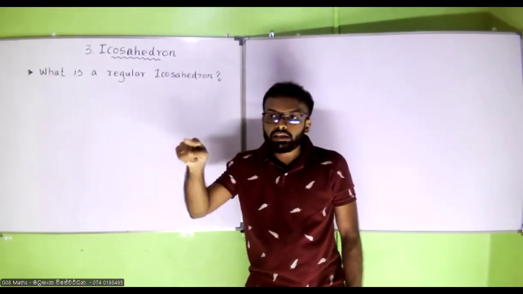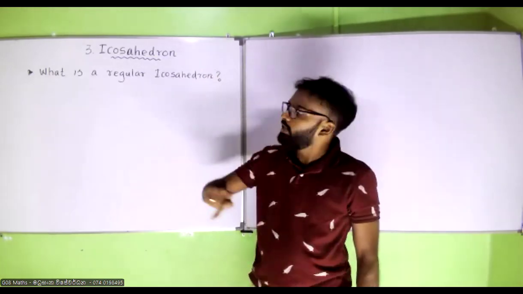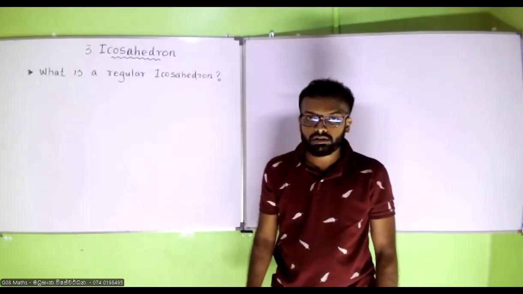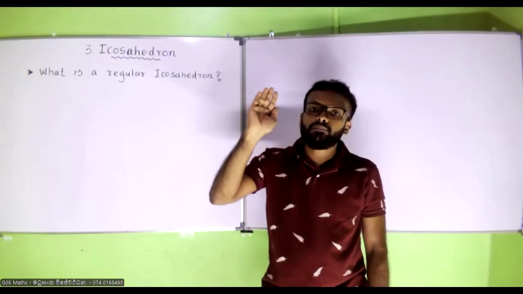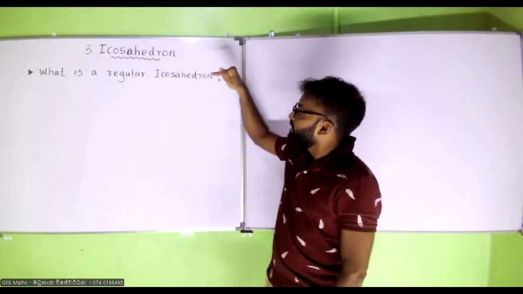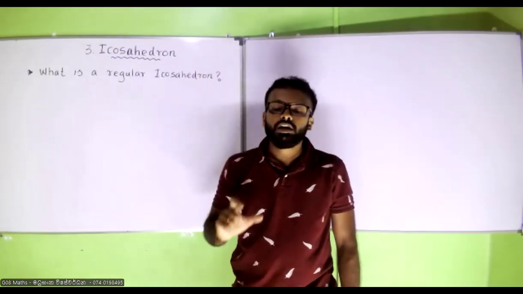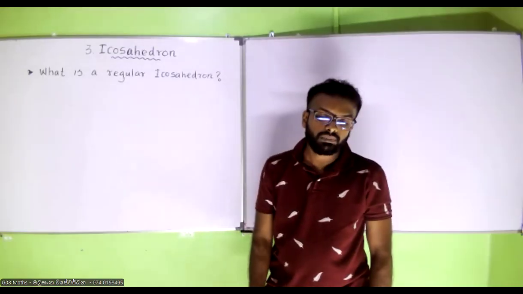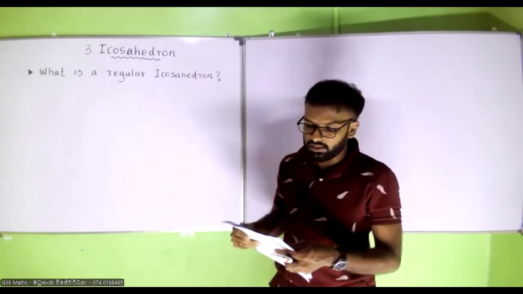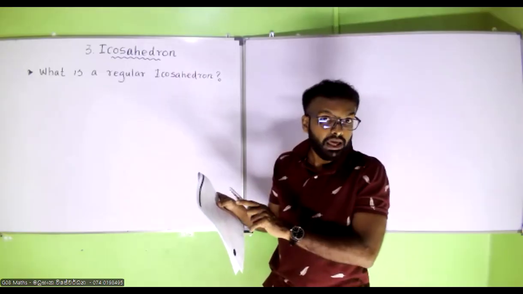How many equilateral triangular faces should you have in an icosahedron? 20. There are 20 equilateral triangular faces in this solid. That is the most important point you need to remember. I have given the introduction, and let's fill the blanks.